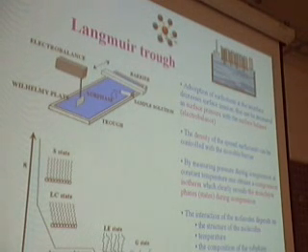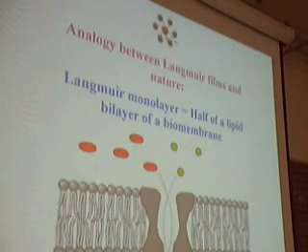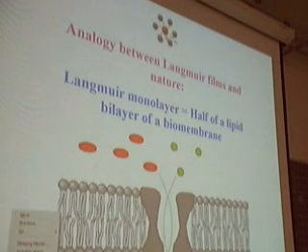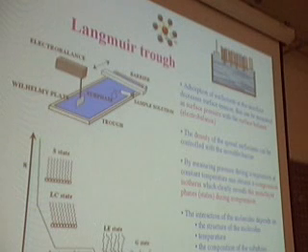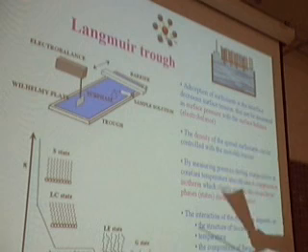Simply, the sample solution is introduced on the subphase. It can be simple water or include some salts also. Then the solvent evaporates, so that eventually we only have the surfactants left at the interface. What we first have is a system that looks like this.